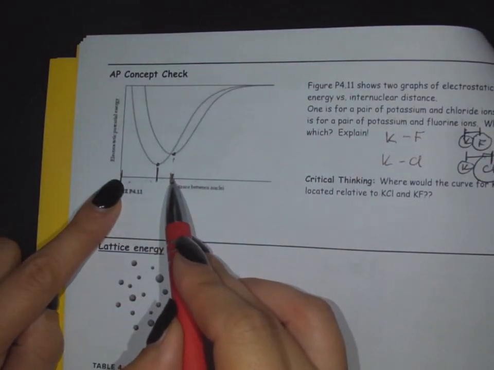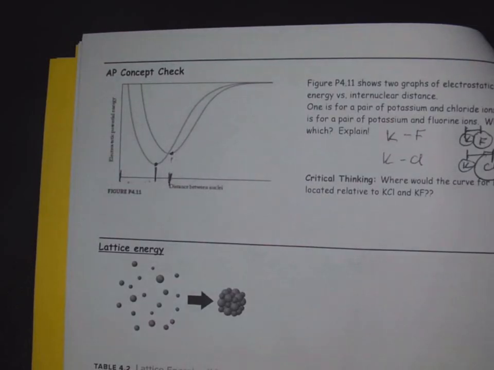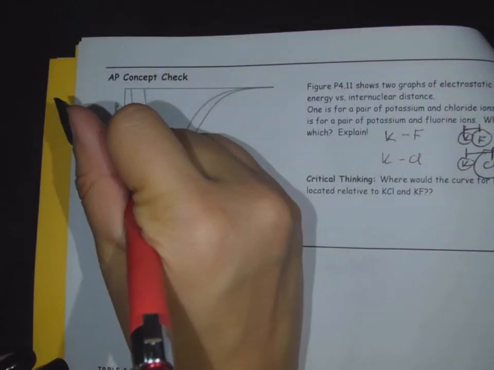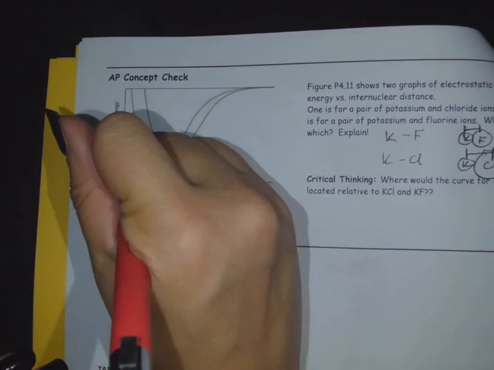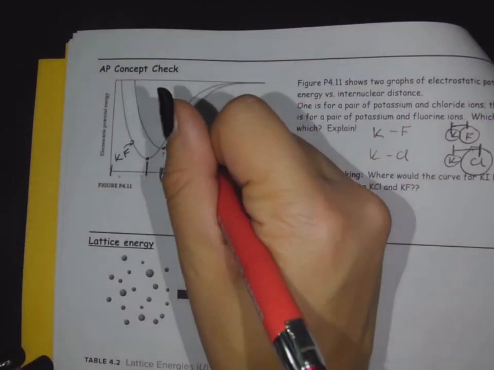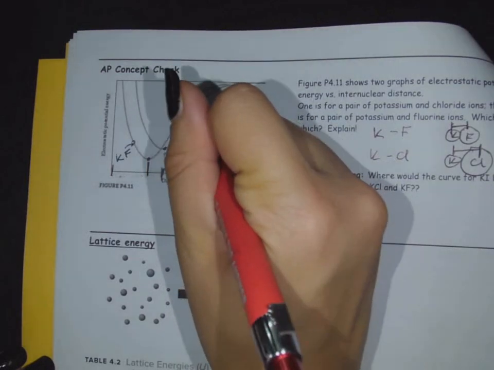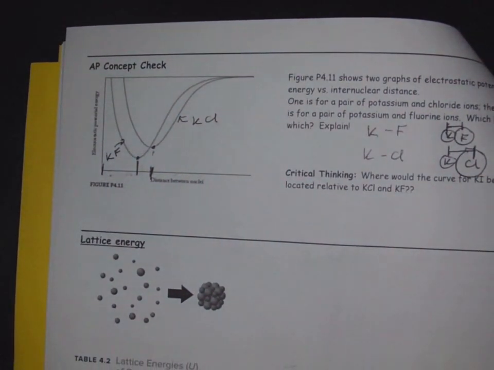That's the bond length for this upper line of this graph. So from that alone, I can choose this line to represent the potassium fluoride bonds, and then for this one, the potassium chloride bonds. Okay, great.